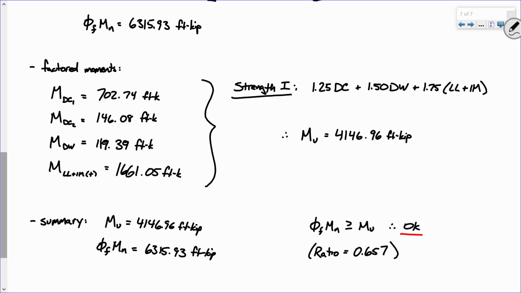Sound good? Now some of you might be thinking, well, wait a minute. You know, the positive bending region, it was fine in the strength limit state, it was fine at the service limit state. In fact, if you look at these numbers, it's not just fine, it's really fine. So why didn't we make that section smaller? In other words, if it's doing so well with this 14-inch wide top flange and the 16-inch wide bottom flange, why not make them smaller?